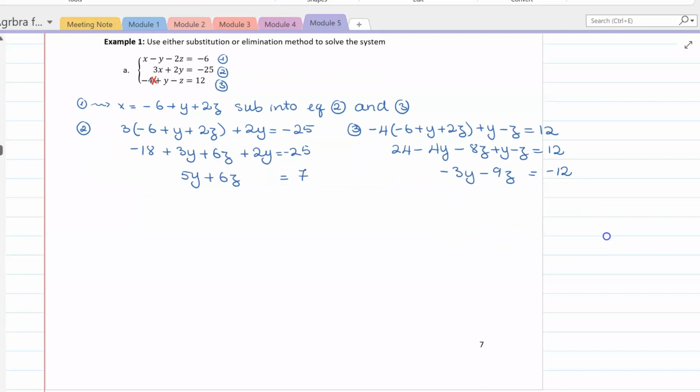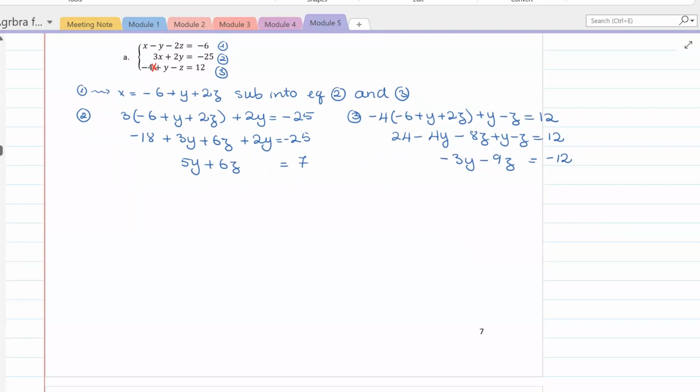And I'll go ahead and divide this equation by 3 because I can. By negative 3. So essentially I multiply everything by negative 1 over 3. So now what is left over is the equations. Let's mark them star and 2 star. Let's put them next to each other.